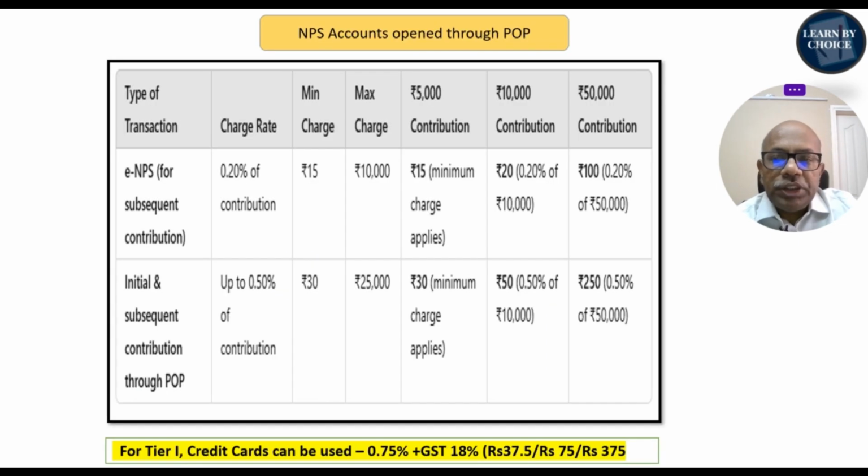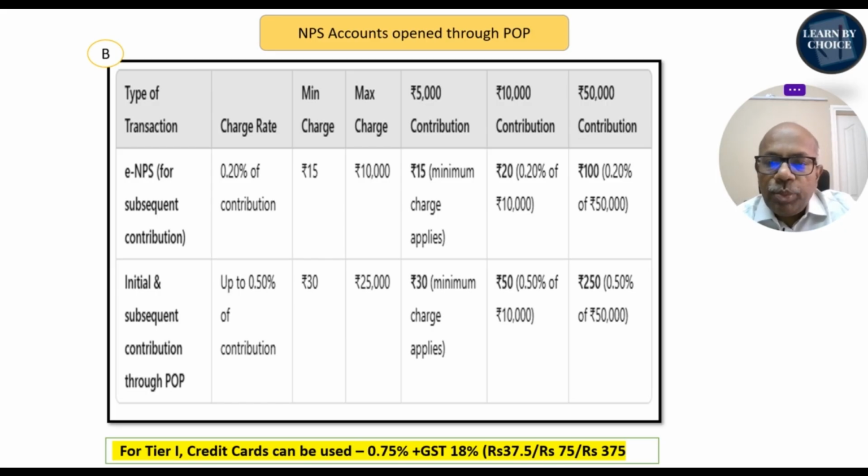So let me explain with the worksheet. Here I am talking about the B category customers. This worksheet is only for the category B customers, who are the customers who have opened their account through a POP. So for example, here a POP customer is going to eNPS for contributing, and the next set is he is using the POP for contributions. So for eNPS mode, the transaction fee will be 0.2% of the contributions, minimum 15 rupees.